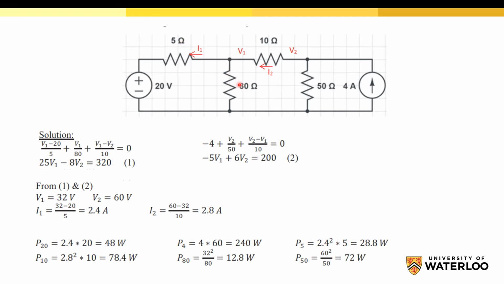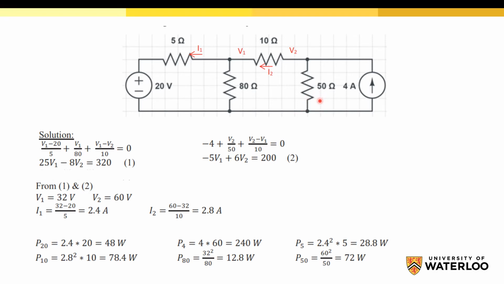For the resistor here, we know the voltage across it, which is V1 minus 0, so the voltage squared over 80 will give you the power dissipated in this resistor. The same here: I squared times the resistor will give you the power dissipated in this element. And here we know the voltage across this 50 ohm, which is V2 minus 0, so the voltage squared over 50 will give you the power dissipated in this element.